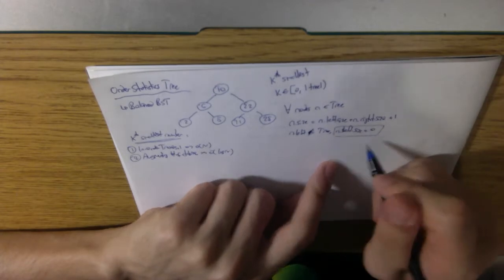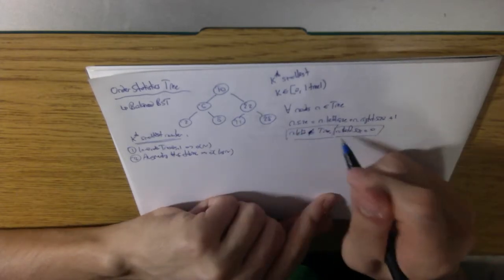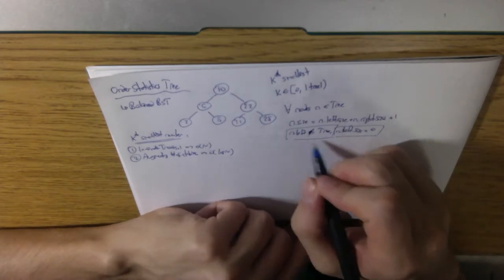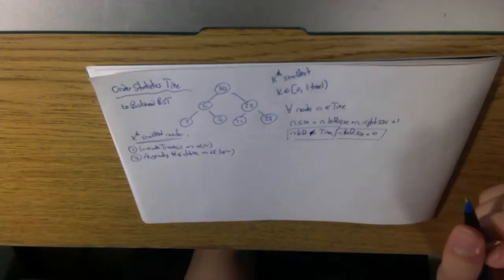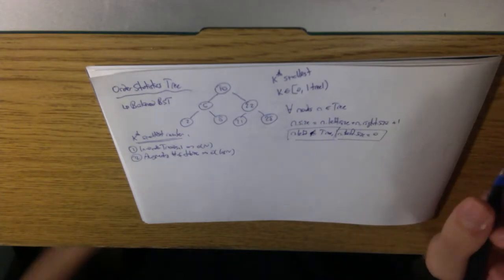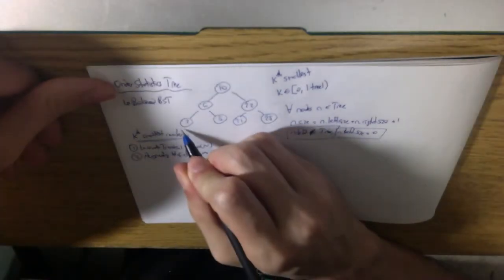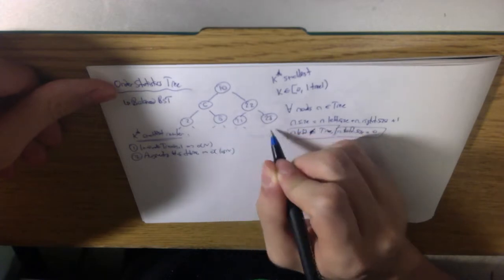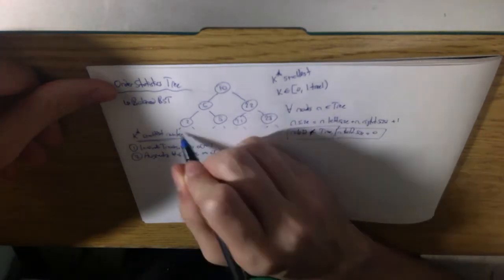By convention, if and only if the node does not belong to the tree, we'll say that the size is 0. So essentially we also have some nodes here that have size 0, which works in the edge cases.